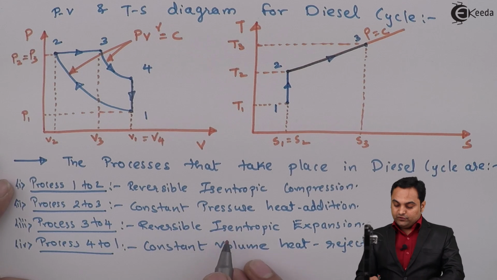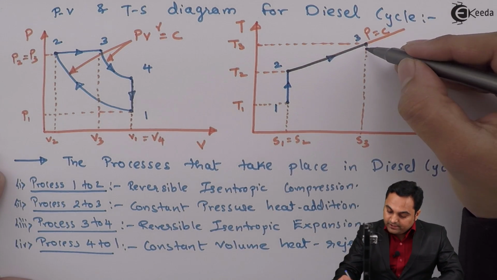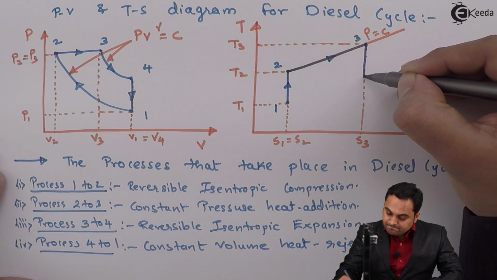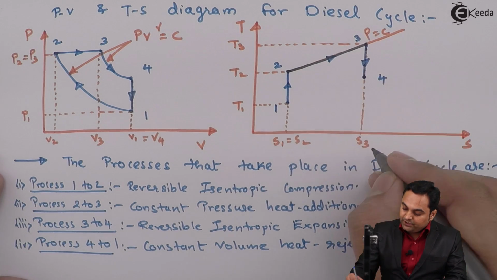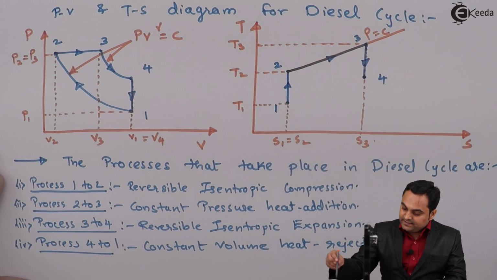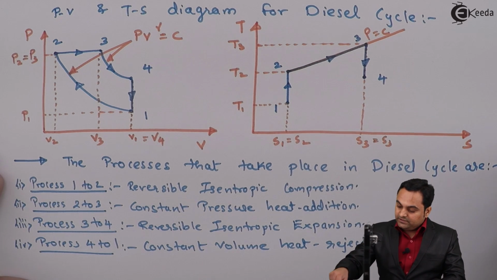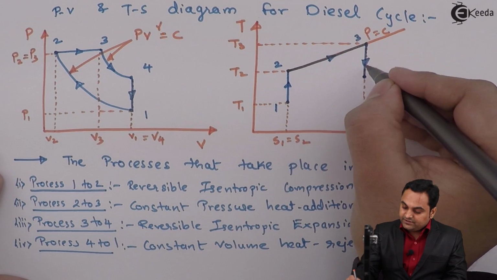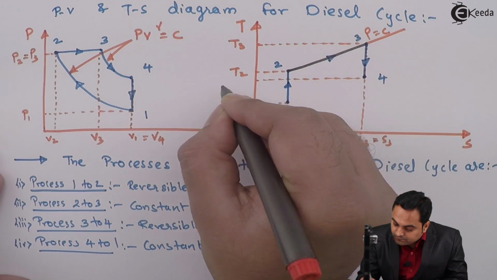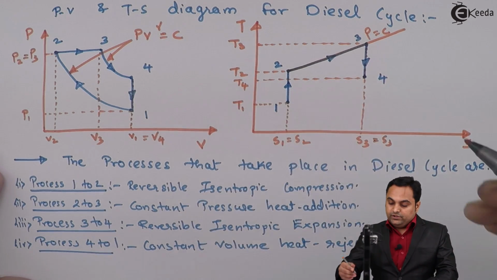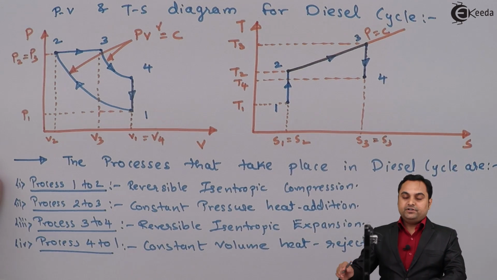Next, process 3 to 4 is reversible isentropic expansion. It will be shown with the help of a vertical line from 3 to 4, wherein entropy at point 3 is same as entropy at point 4. So S3 is equal to S4, but there is drop in temperature from T3 to T4. So here we have isentropic expansion. Then process 4 to 1, it is constant volume heat rejection.